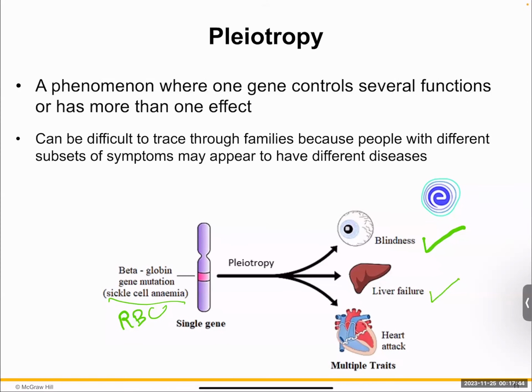It may cause liver failure, so it's affecting other organs and organ systems, and it may give a higher chance of developing a heart attack, affecting your cardiovascular system. Again, even though you're only talking about one gene, it has a very high reach on the rest of the body, therefore affecting multiple systems.